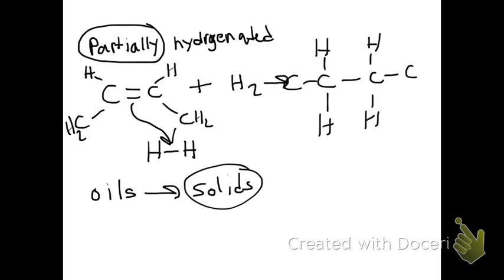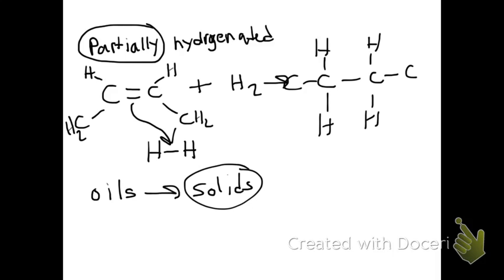We change it to a saturated fatty acid through an addition reaction by adding hydrogen, just like we learned in organic chem. This moves the fats from oils to solids, which are easier to package and store, have a longer shelf life, and are easier to cook with.